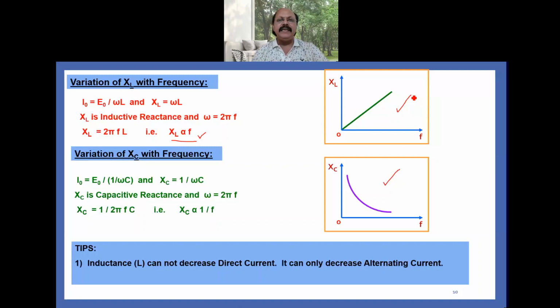And a capacitor allows AC to flow through it, but blocks DC, because in case of DC the frequency is 0, and XC equals 1 upon 2 pi fC. If f equals 0, then XC is infinite, so it blocks DC but allows AC.